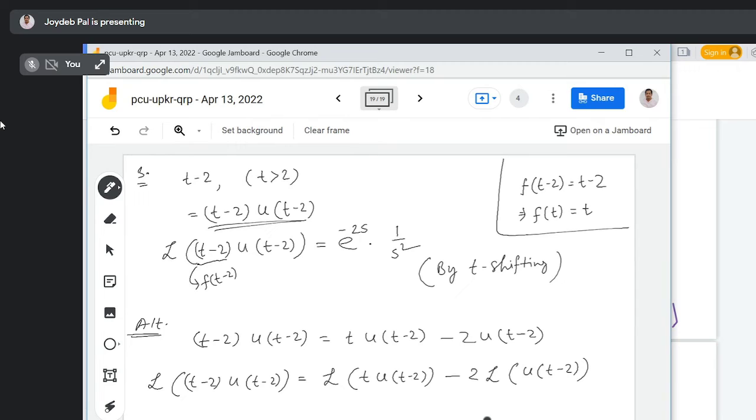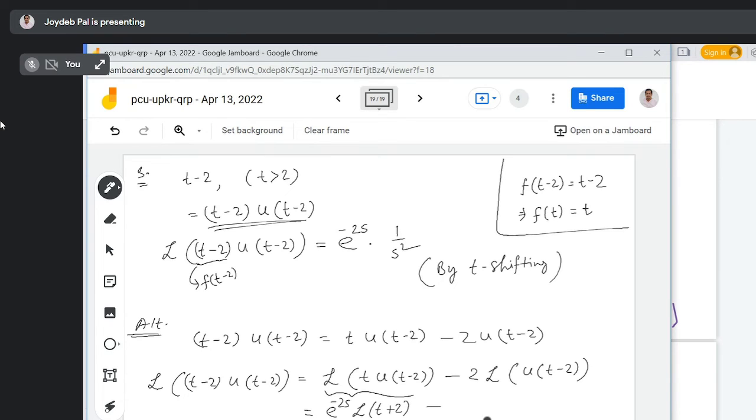So here, for the first part, use the modification, right? For the first part, f(t) into u(t minus a), modification: it will be e to the power minus 2s times the Laplace transform of f of t plus a. So f(t) is t, so f of t plus 2 will be t plus 2.